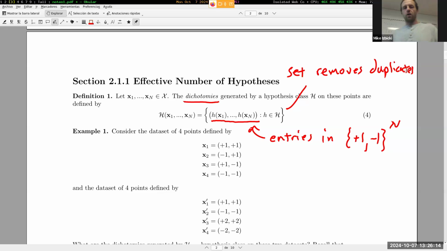Again, these notes are structured to follow along with the textbook very closely. So in section 2.1.1, if you're still feeling like the idea of dichotomies isn't fully clicking for you, this is the place in the textbook to look for that information.